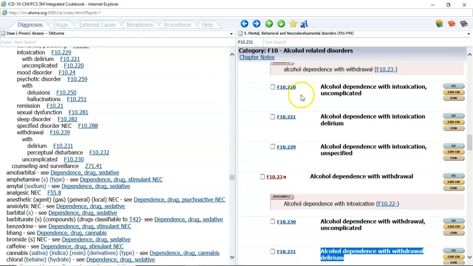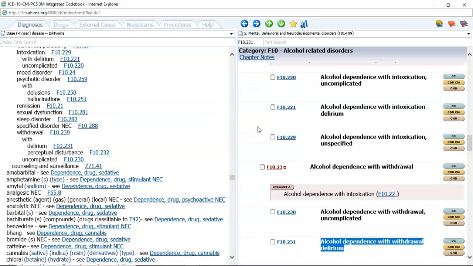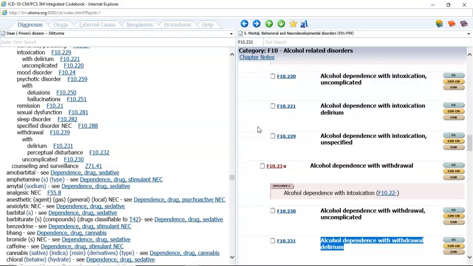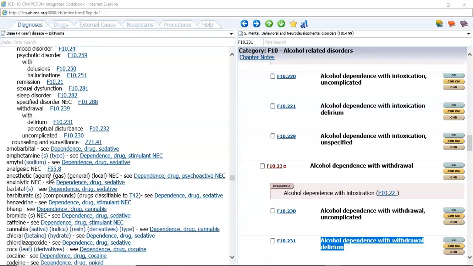Typically, the documentation is very clear to support these codes, and you won't have any problem assigning them based on the documentation that you have. So in the last example that's on page 312, this is a patient that's gone to the ER, and the ER physician documents that that patient has daily alcohol use.